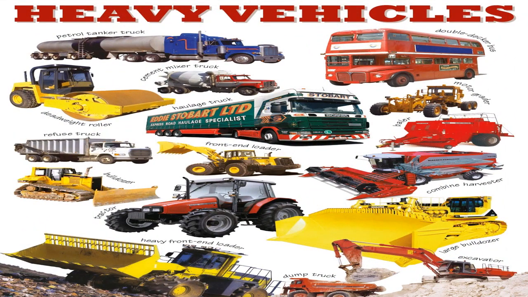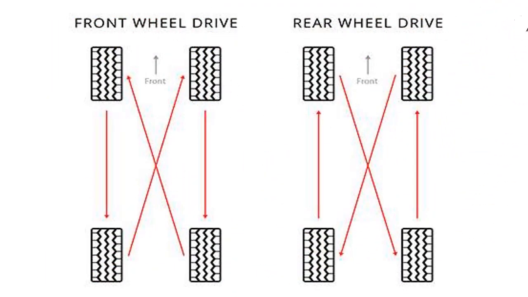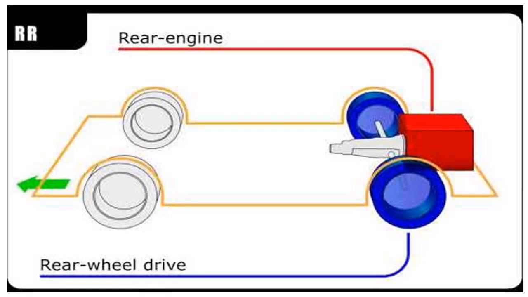This figure shows some examples of heavy vehicles. Front wheel driven and rear wheel driven vehicles with different arrangements are shown in the figure. In rear driven vehicles, the engine may be fitted on the rear side.